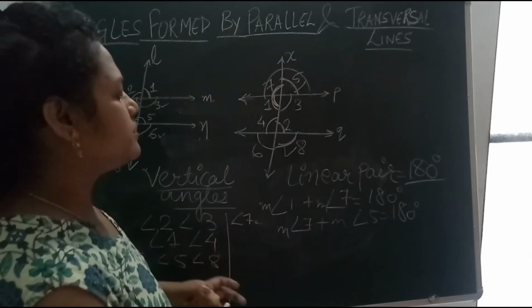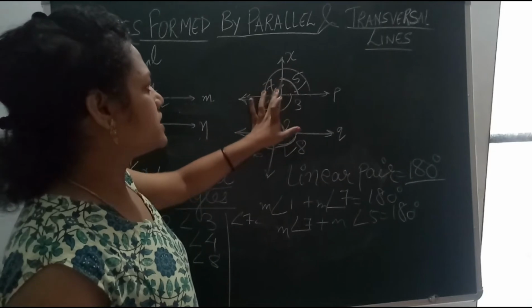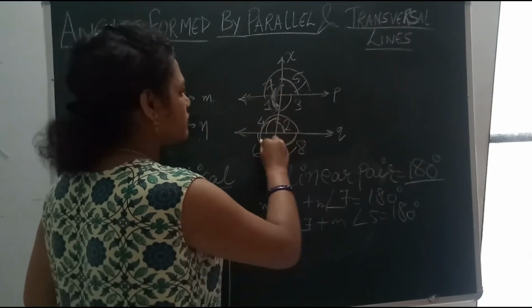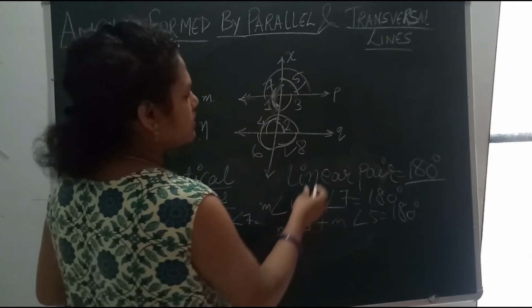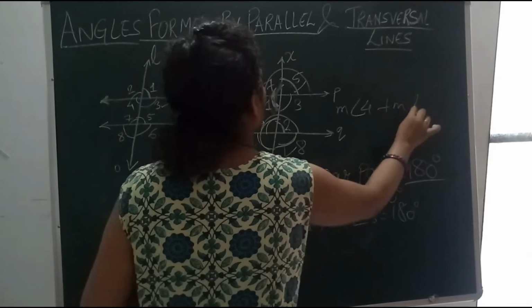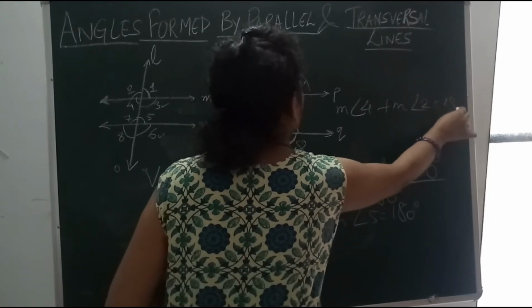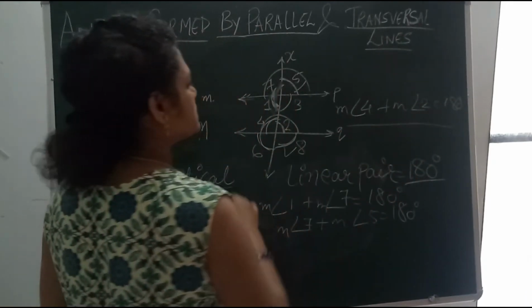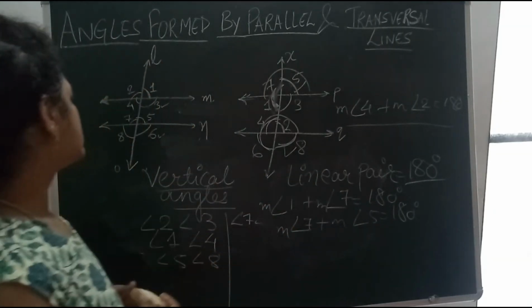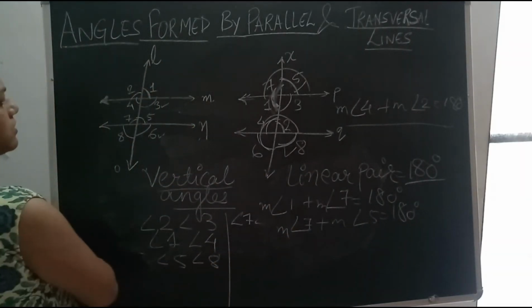So linear pair basically means straight angle. Likewise we can say 4 plus 2 or 4 plus 6. Measure of angle 4 plus measure of angle 2 is again 180 degrees. So that is your linear pair. Okay, now we will see an example.